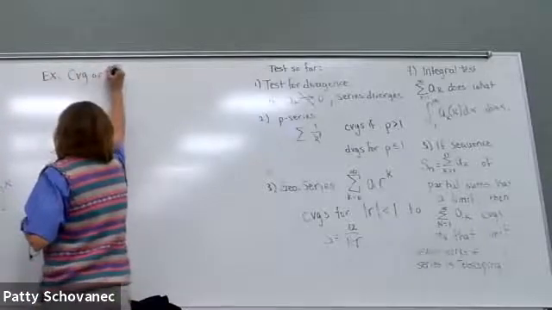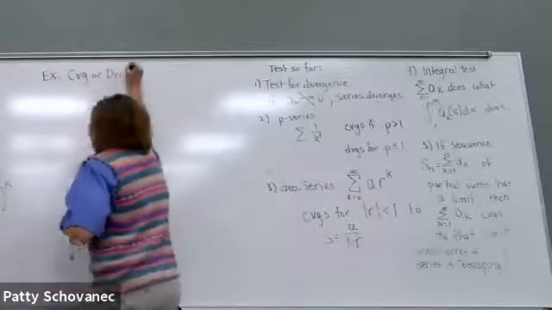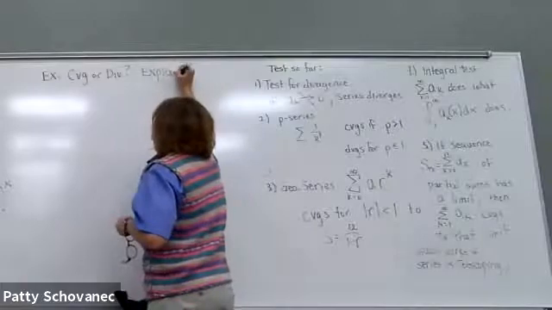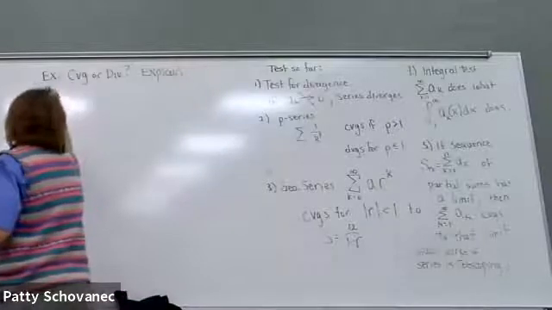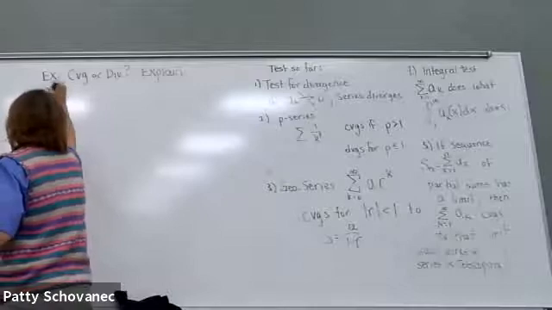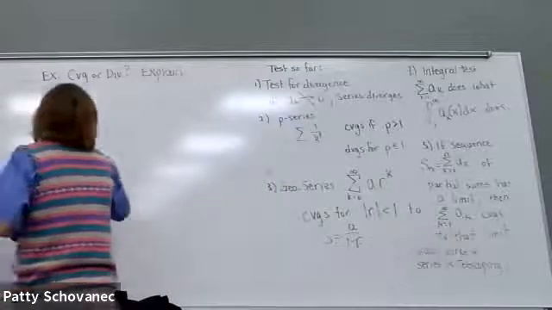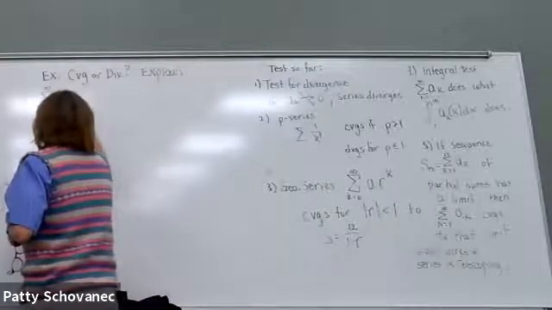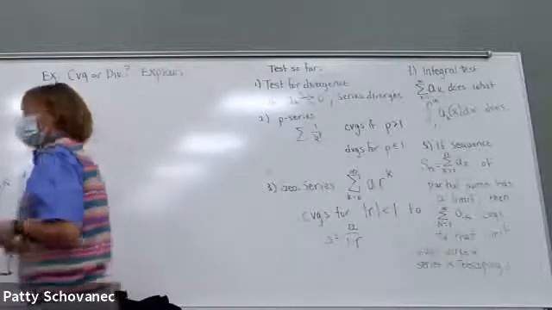Converge or diverge, and explain. Take the sum from k equals 2 to infinity of k divided by the natural log of k.